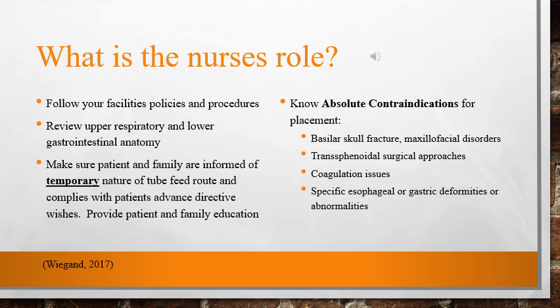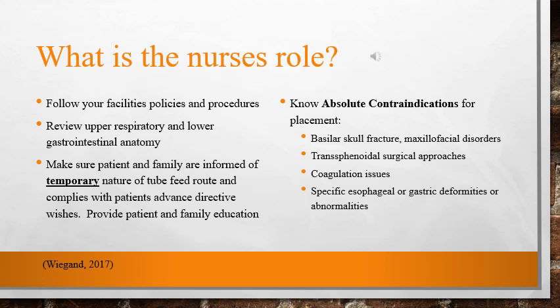This is not a long-term solution. Sometimes this is just to get through a few weeks of needing some nutrition without having to address a more permanent, invasive procedure, like a gastrostomy tube or a GJ tube. So provide them with education on it and reassure them that it does go by their advance directive wishes.